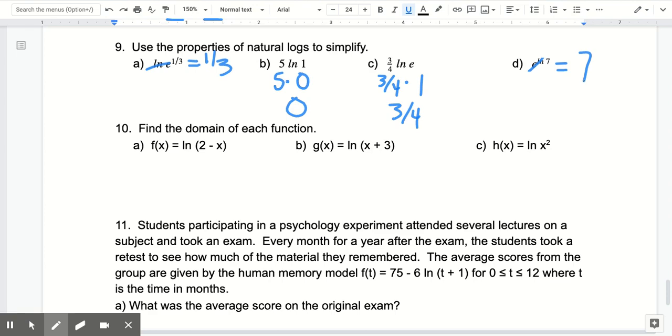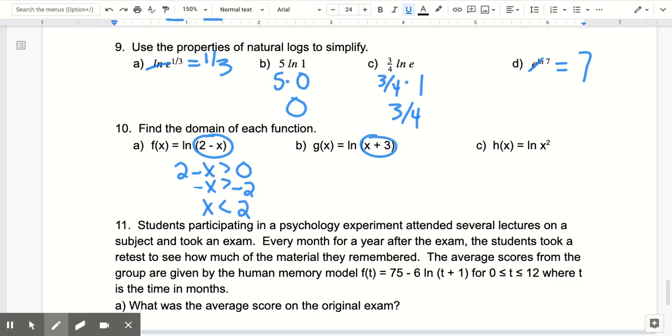Now, the domain of these functions, remember that you cannot take the natural log of a negative number. So no matter what happens, this thing right here, 2 minus x, it's got to be greater than 0. Now you can solve this for x, no big deal. Don't forget when you divide by that -1, you have to flip the sign. So the domain on this is x is less than 2.